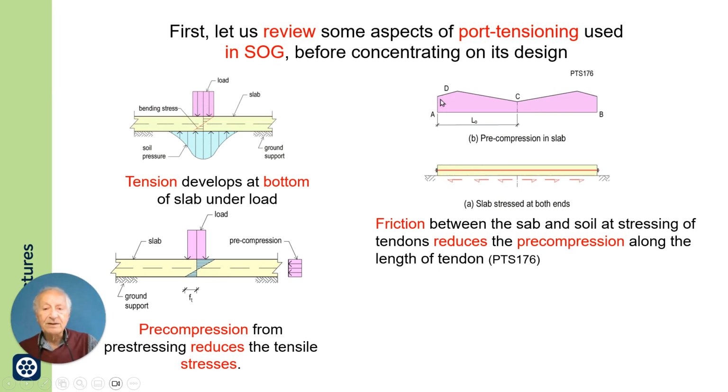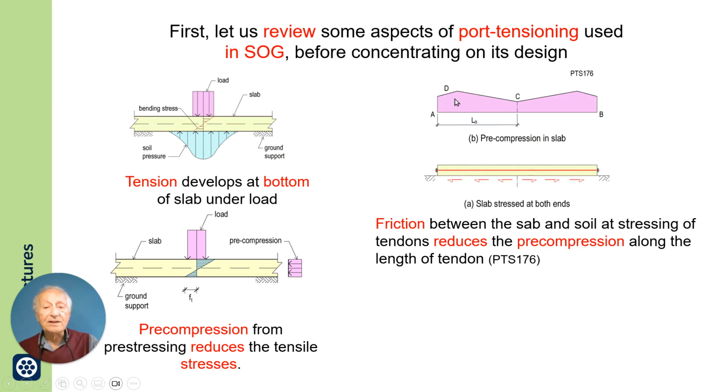remember, tendons lose their force along the length, not only from friction, because that's a different issue. Loss in tendon force has nothing to do with friction between the slab and the ground. It is loss in force because of friction between the tendon and its sheathing. Tendon encased in a sheathing, when pulled, loses some of its force.